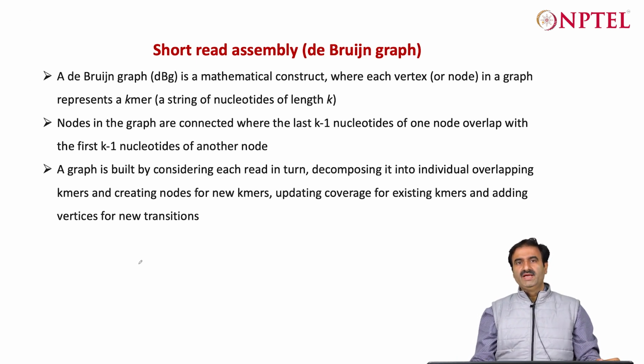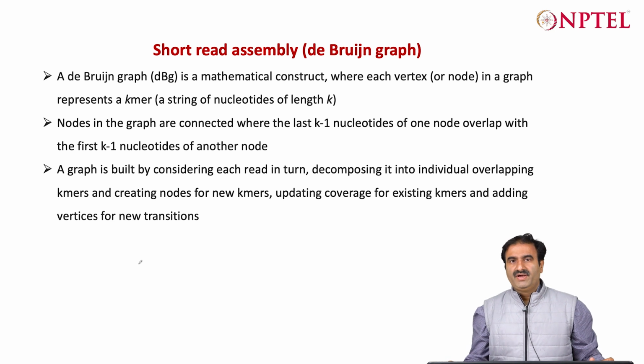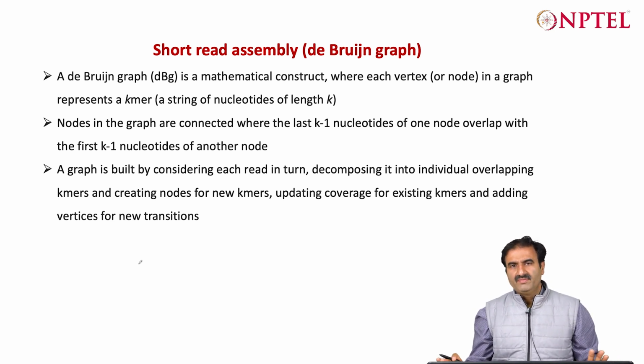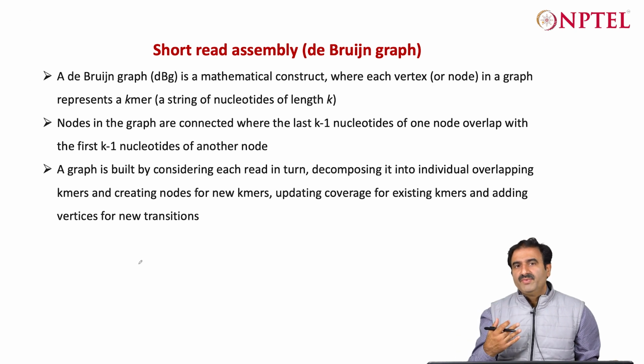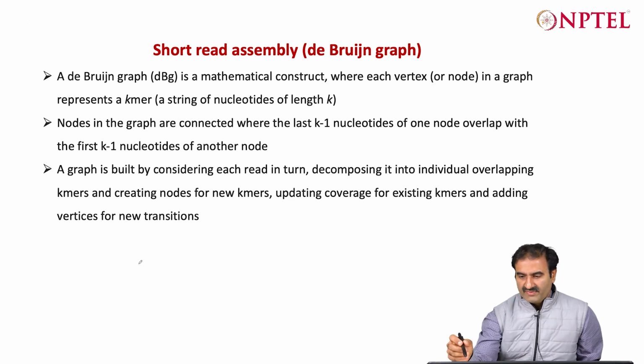So basically De-Bruijn graph, or DBG, is used to assemble short reads. It's a mathematical way of constructing the sequence, where each node in the graph that you will be forming is a kmer. So you derive kmers from your DNA.